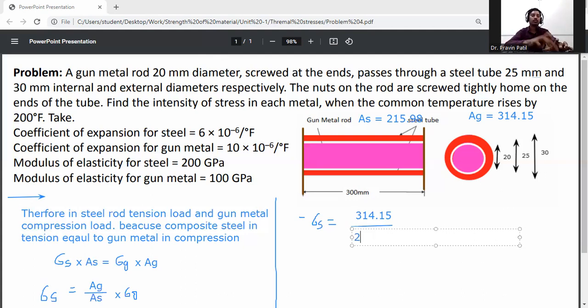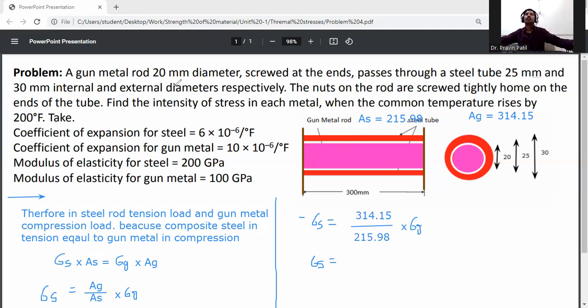Area of steel is 215.98 into sigma g. So sigma s is equal to 314.15 divided by 215.98.